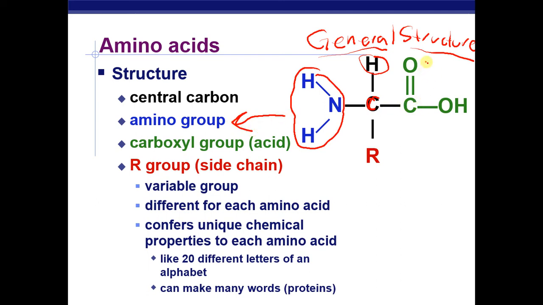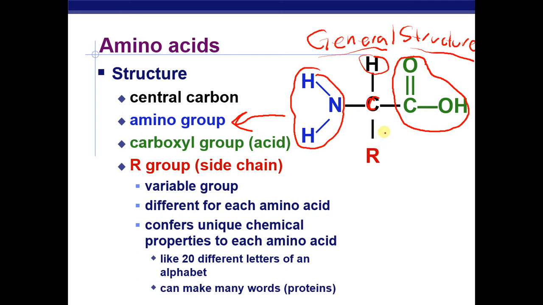On the opposite side of the amino group, we have a carboxyl group, COOH. All three of these things are exactly the same in all 20 amino acids.